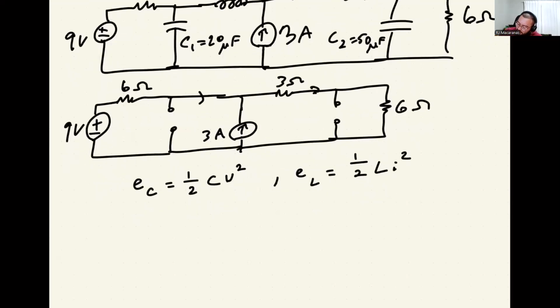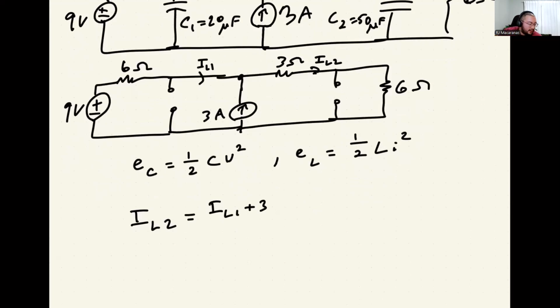It looks like we can start by taking KCL at this top node here. So we can find that IL2, if we take that to be going out, is going to be equal to IL1 plus 3.